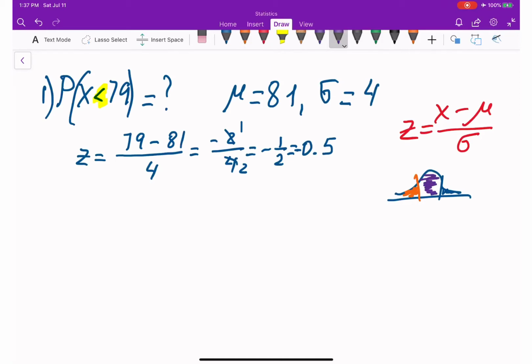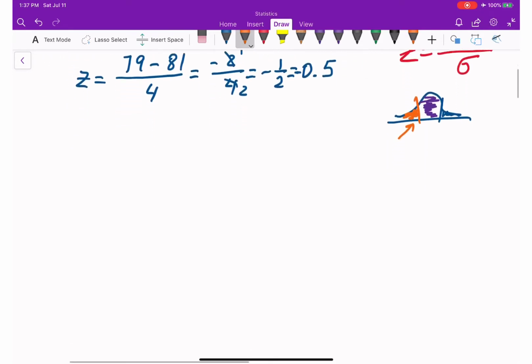We are going to use the left tail table, because for schools we usually use the left tail table, and since we have x less than 79, this table is going to work perfectly without any modifications. So z-score equals negative 0.5. Let's go to our table.